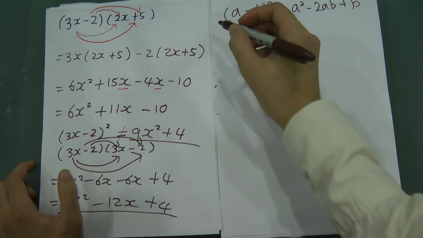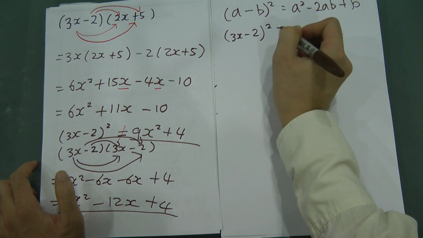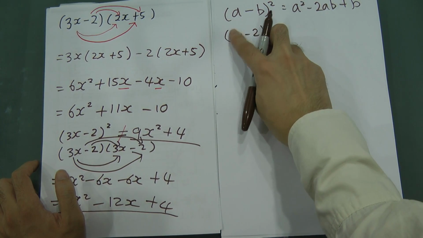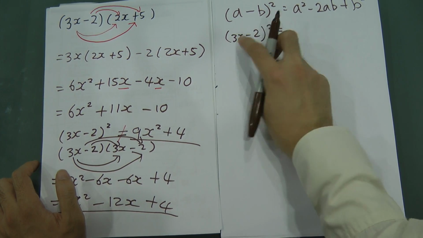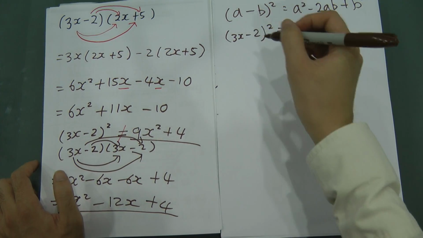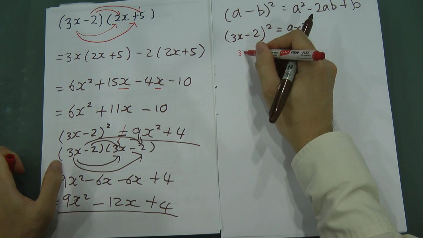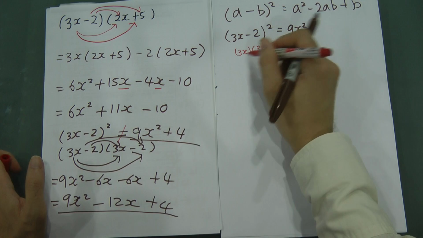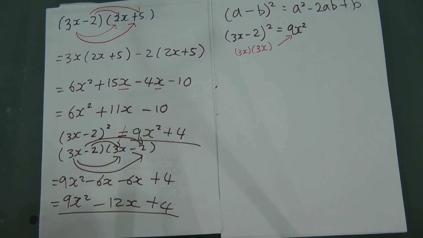Okay, for example, this example just now, (3x minus 2) squared. First we square the first one, a squared. This is a. A squared is (3x) squared. 3x squared will give 9x squared. Because the first one means 3x multiplied by 3x. Therefore, 3 multiplied by 3 we get 9. x multiplied by x we get x squared. So therefore, it's 9x squared.